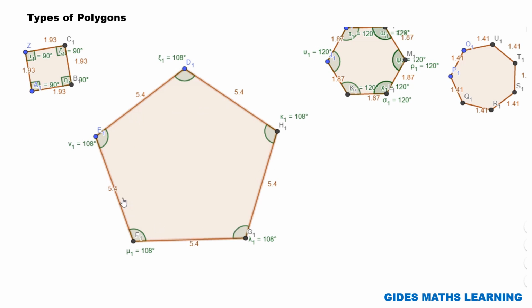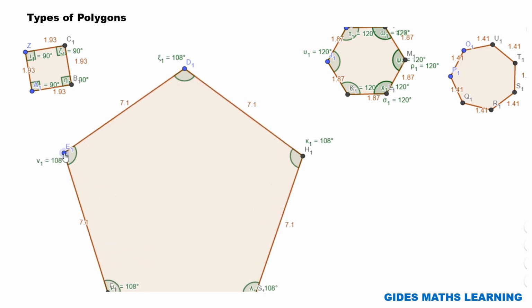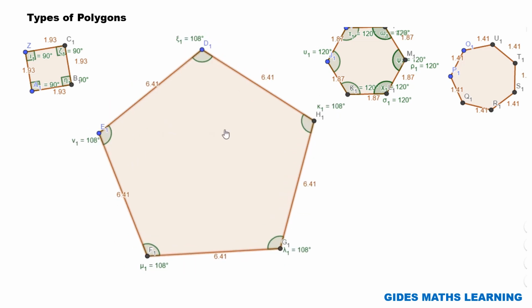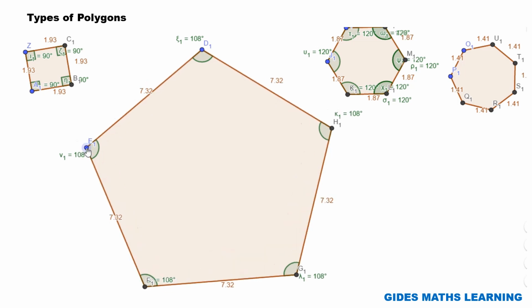Good, 5.4 units. As we increase the size, the interior angles remain the same, and they are equal in size as well. So no matter how you change the length of regular polygons, the interior angles remain the same.